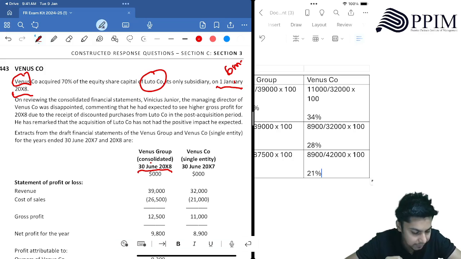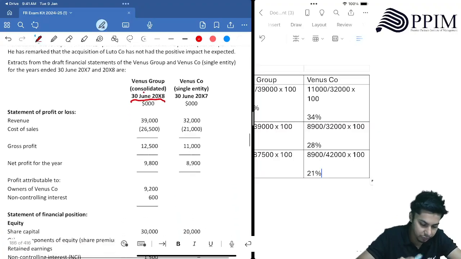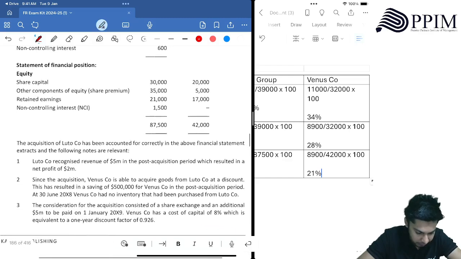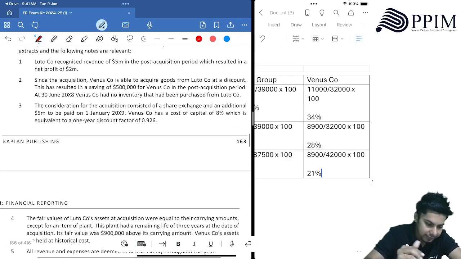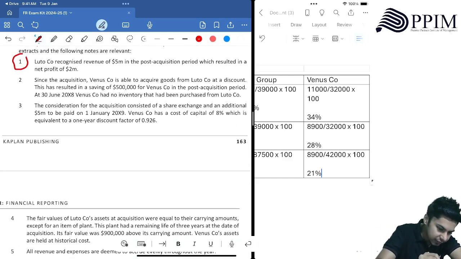He has remarked that the acquisition of Luto has not had a positive impact that he expected. Okay, now guys, they have given you the numbers. Right. Now guys, look at this paper. There are 5 adjustments that they are speaking about. Okay, 5 different adjustments.